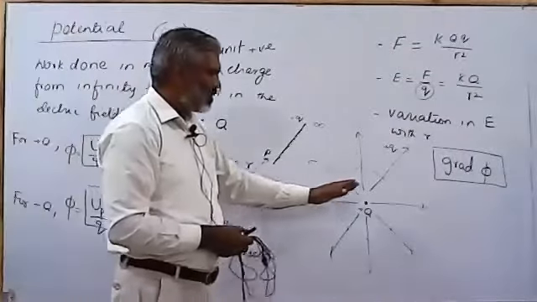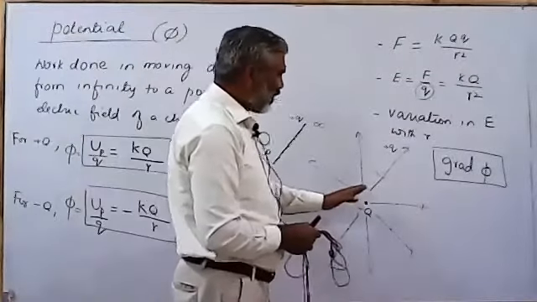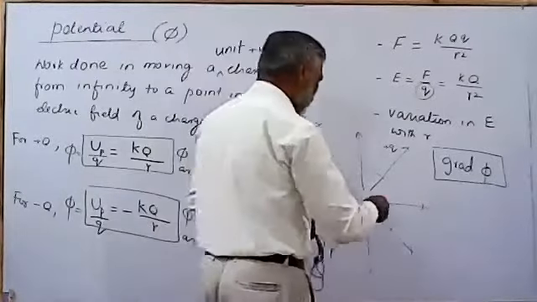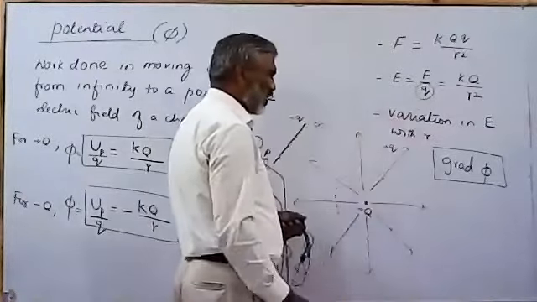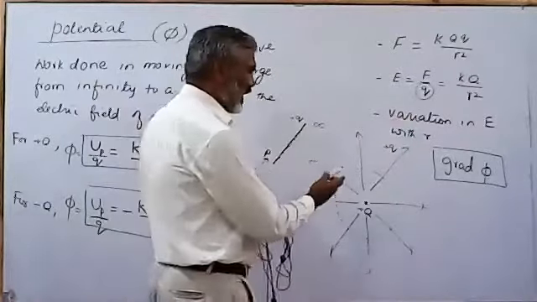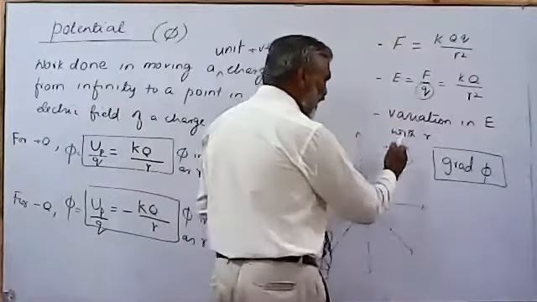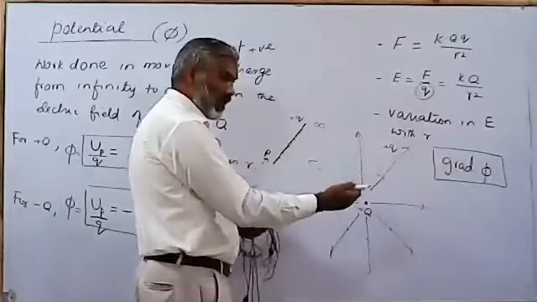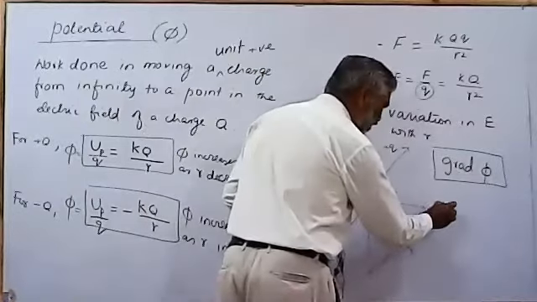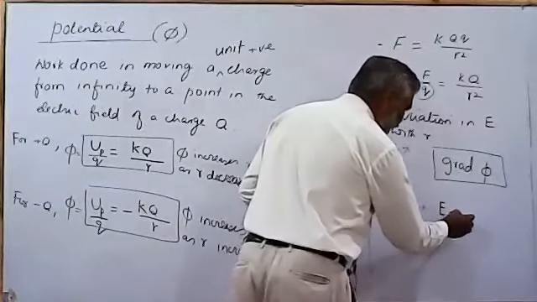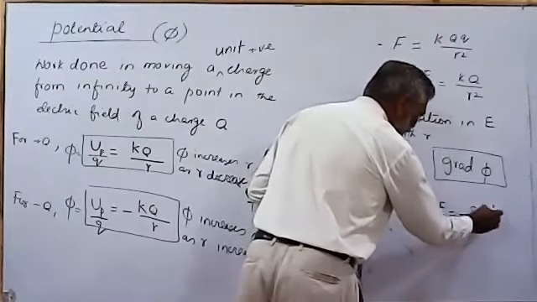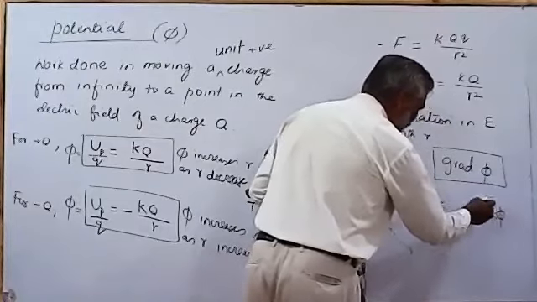But the electric field has this direction. So the electric field, which is already a vector quantity, has this direction, but the gradient of phi, which is a vector now, has this direction. So that means electric field is actually opposite in direction, but equal to the gradient in phi.